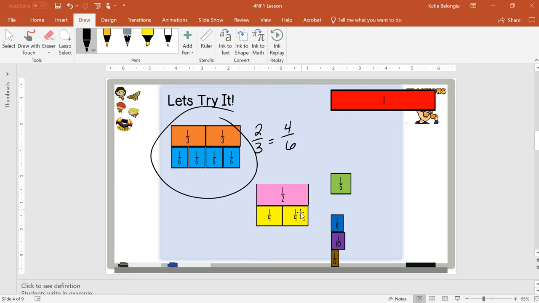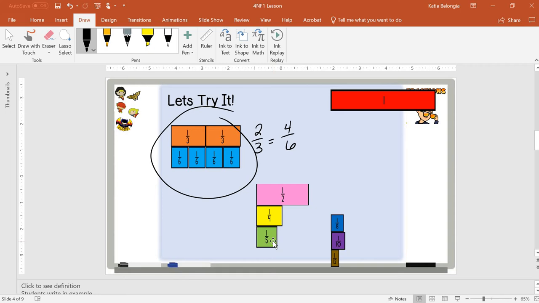Okay? So if you take a look at all of these fraction tiles, like 1/4, 1/5, 1/2, you'll notice even though each of them is 1 out of something, the bigger the denominator gets, the smaller the piece gets. Okay, so even though each numerator is worth 1, because the denominator is larger, it means your piece is getting smaller.